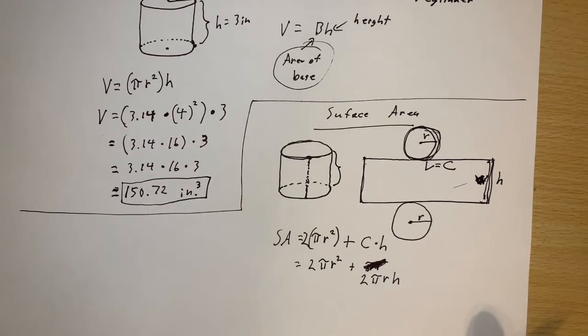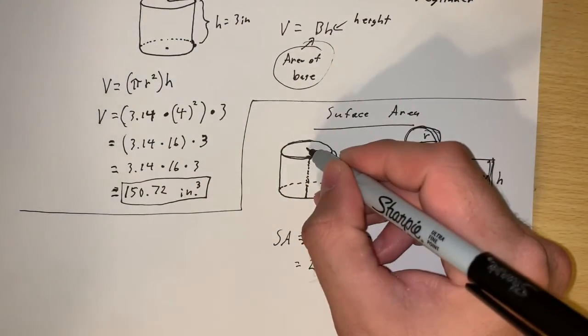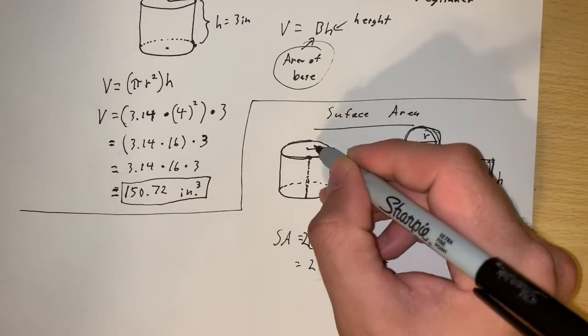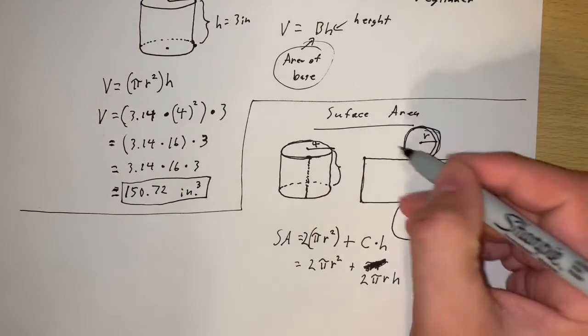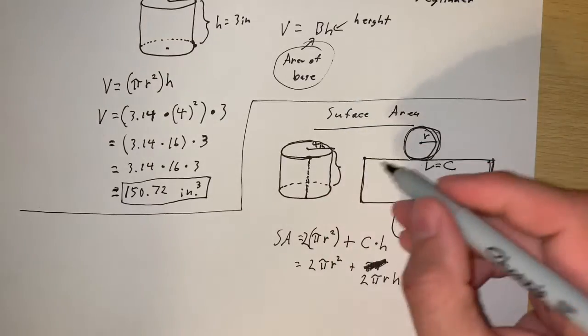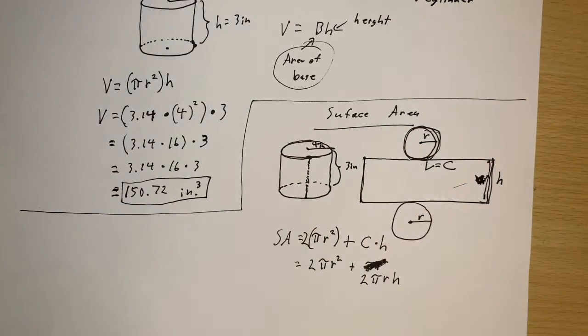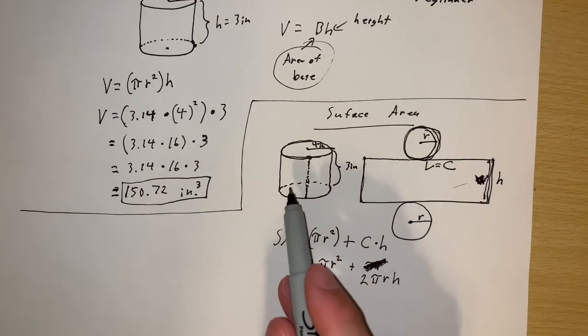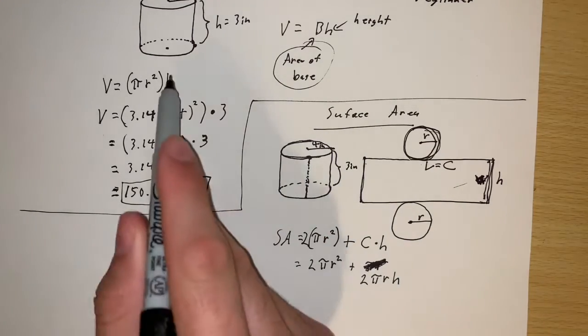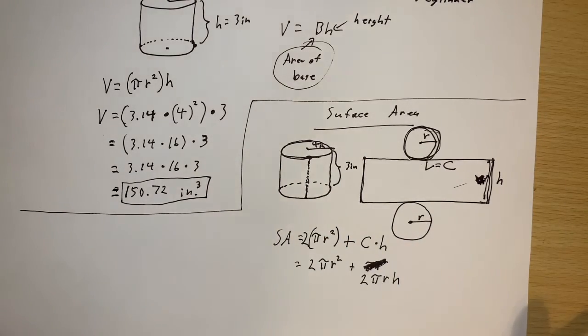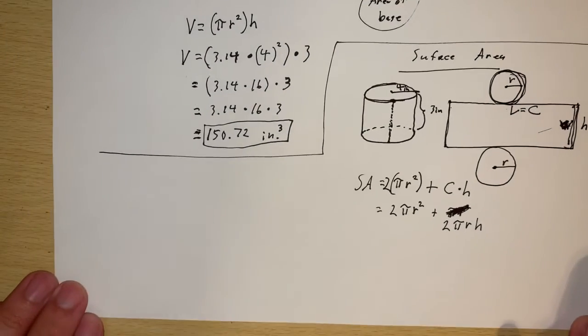All right, let's try an example. How about the same example where the radius is 4 inches and the height is 3 inches. Let's find the surface area of this cylinder.